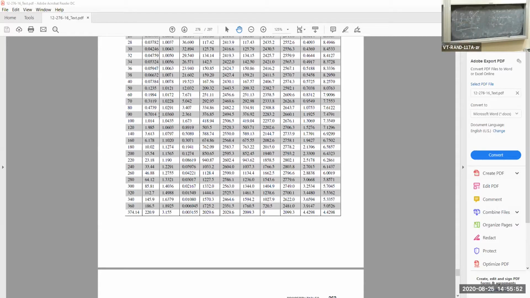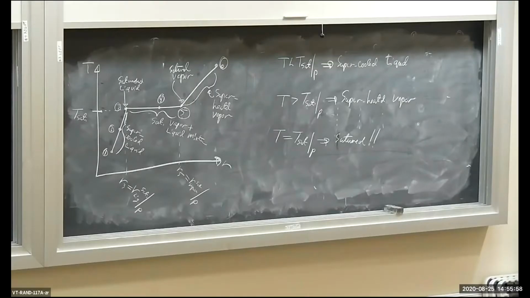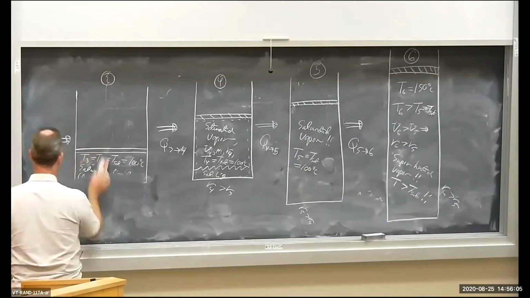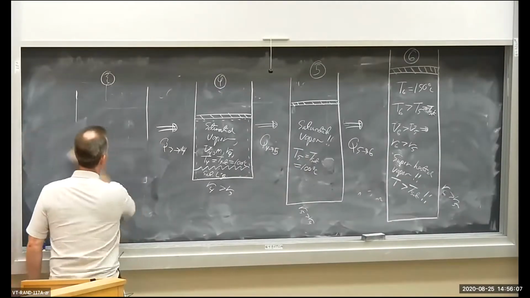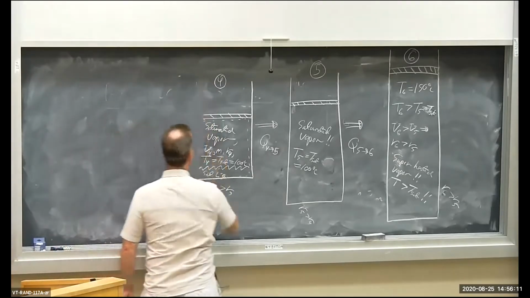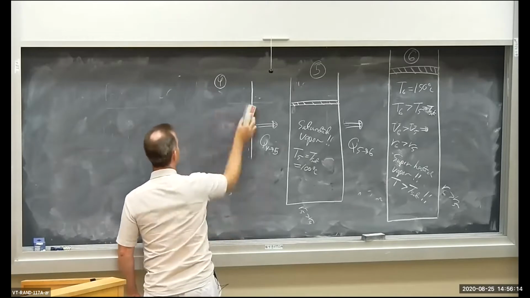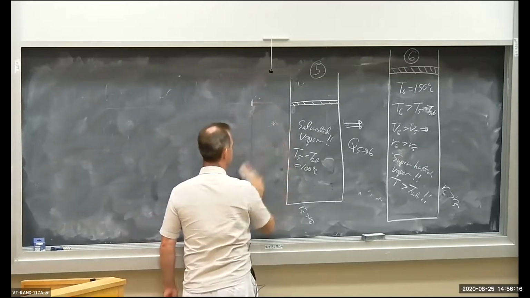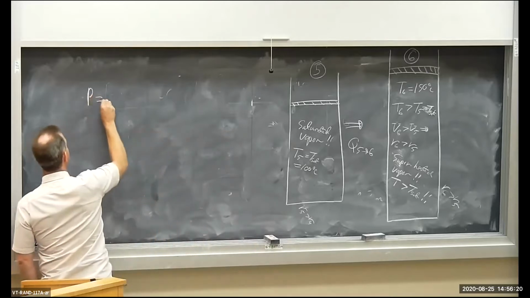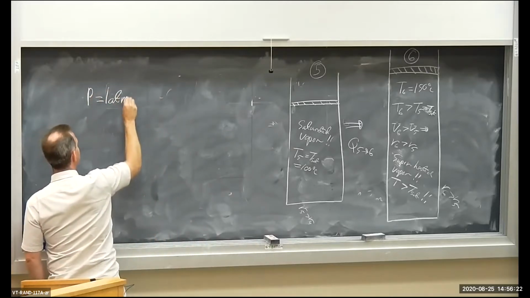So here, let's put some numbers in here. Let's say we are at 1 atmosphere. Let's use these tables to look up the boiling temperature or saturation temperature of water. So pressure equals 1 atmosphere.